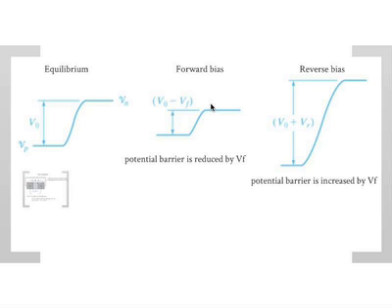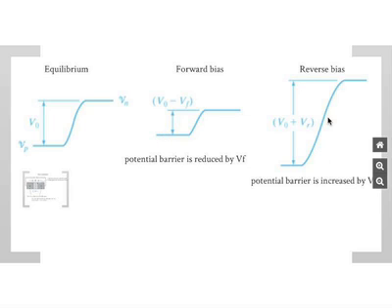When you apply a field like this, it's forcing the holes to go this way. You're reducing the energy barrier for the holes to go this way. Okay? The opposite for electrons. Of course, electrons flow down, right? In this particular case. We'll understand it better when you look at the energy diagram.